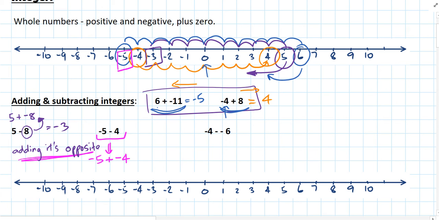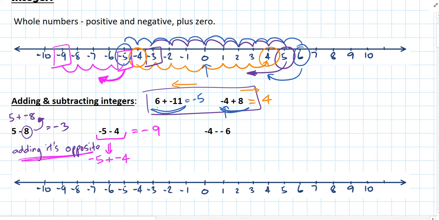If we're going to add negative 4, remember adding a negative number means we're going to become more negative, so we're heading off left, decreasing. So negative 5 plus negative 4, 1, 2, 3, 4. We end up at negative 9. Or the other way you could think about it is negative 5 minus 4. Again, we're heading off in this direction here.